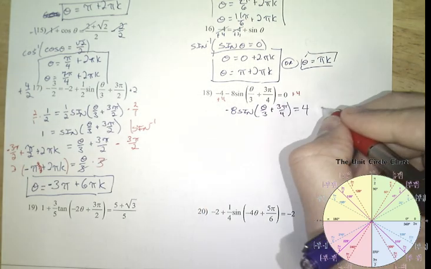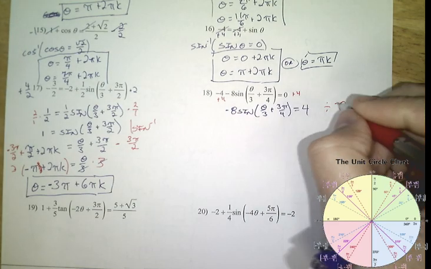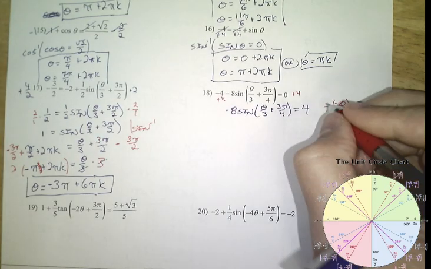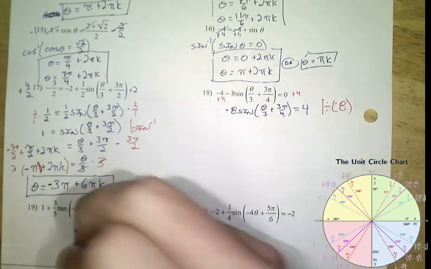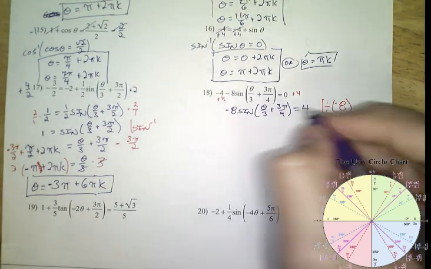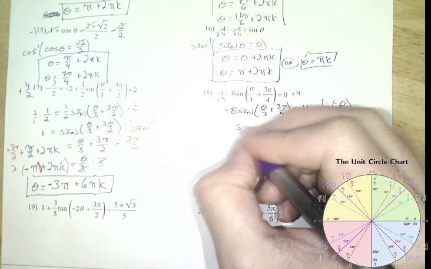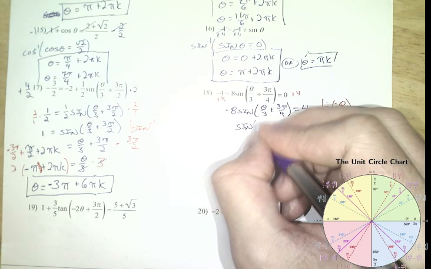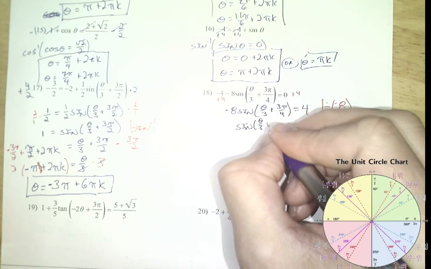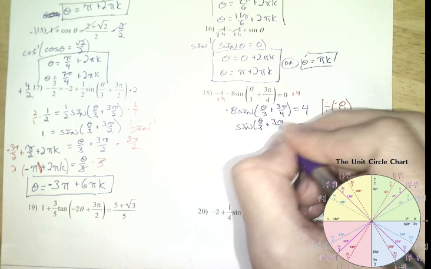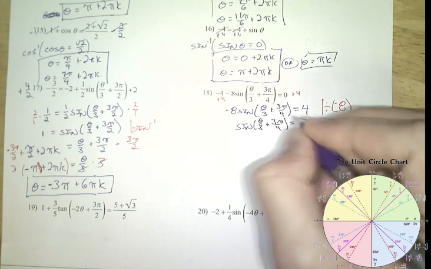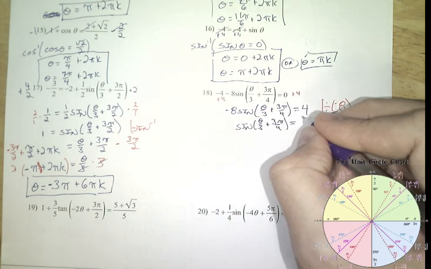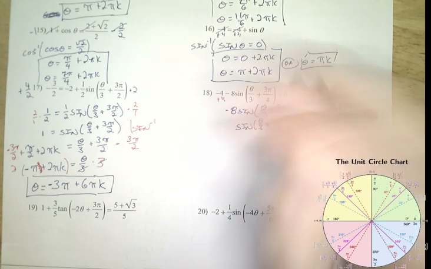Divide both sides by negative 8. And that should give us negative 8 on this side cancels out. Sine of theta over 3 plus 3 pi over 4 is equal to 4 divided by negative 8, which is negative 1/2.